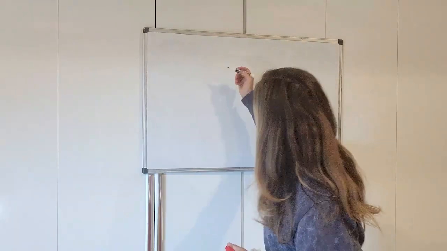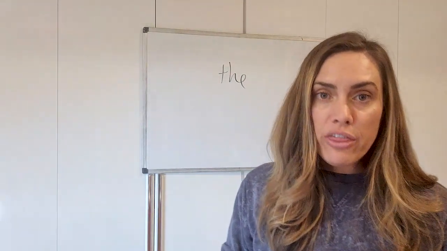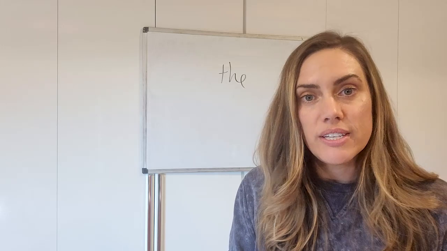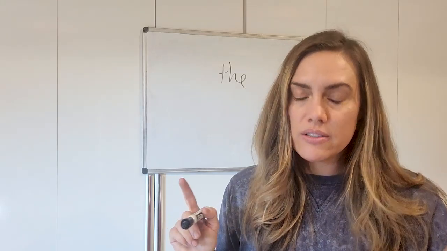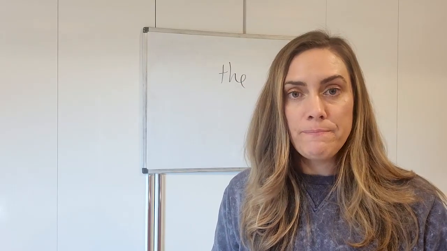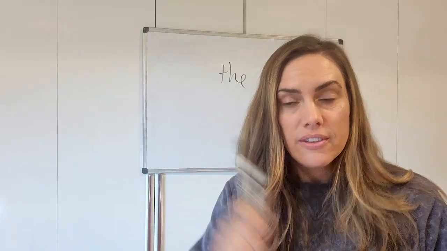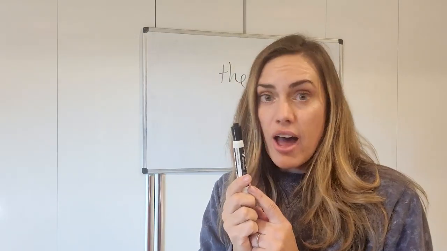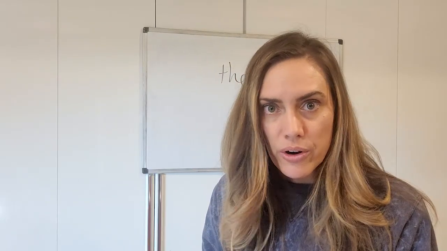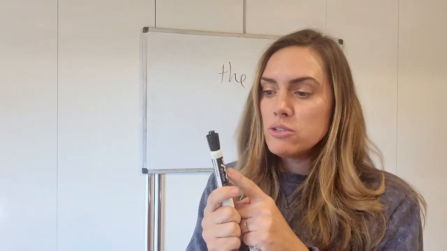But the word the is also an article, and with the word the, we use it when we are being specific, for the most part, about things, okay? So maybe you told me, you say, I have a marker. And I say, oh, wow, great marker. Let me see it. You bring it here. Say, wow, I can't say a marker anymore. Now I say, yeah, the marker is really nice.